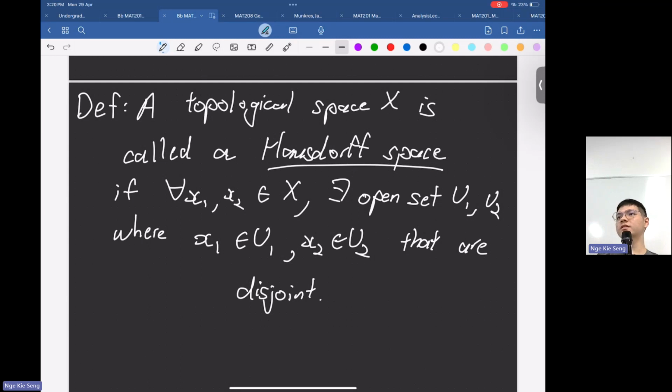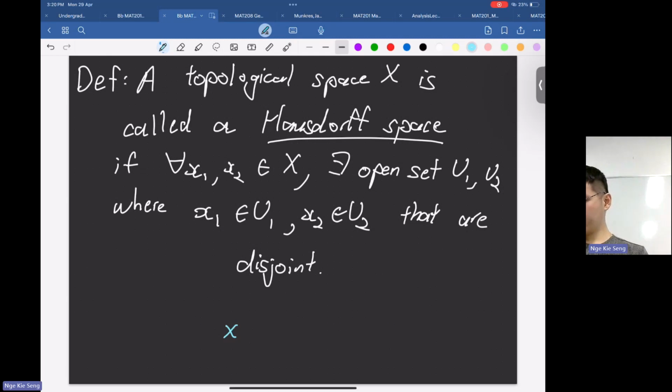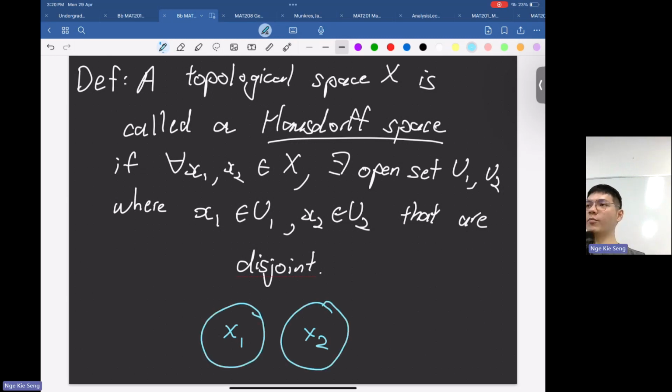Can you imagine what this Hausdorff space is trying to do? If you have 2 points in your X, you can somehow separate them using 2 open sets.